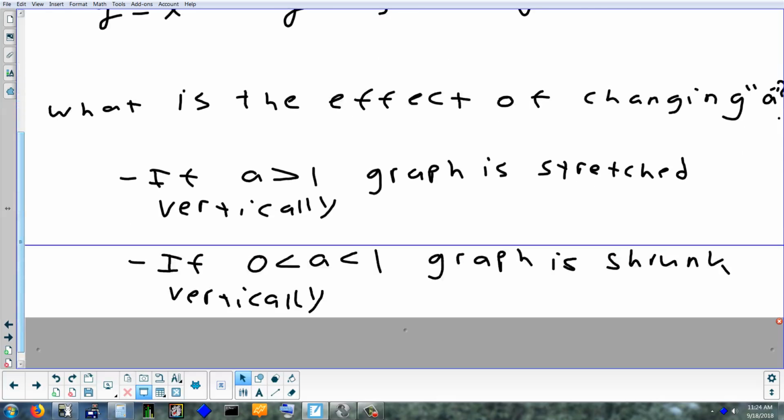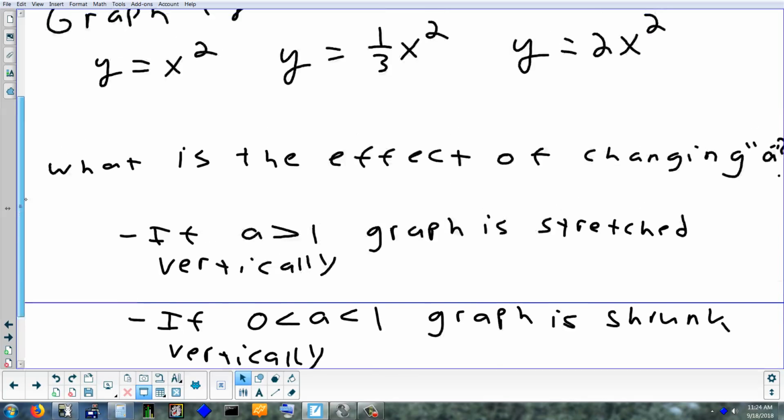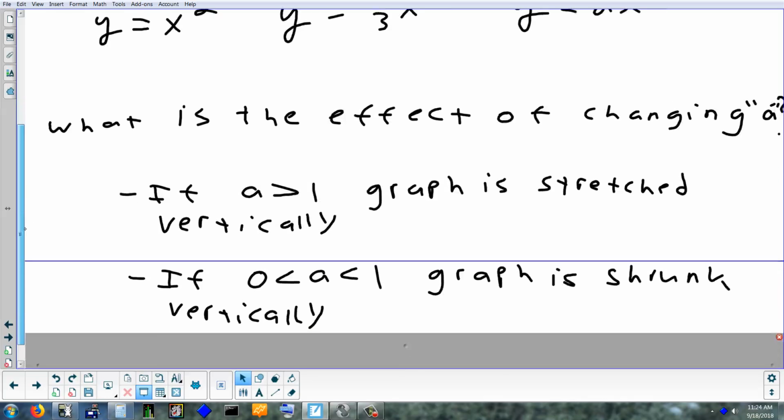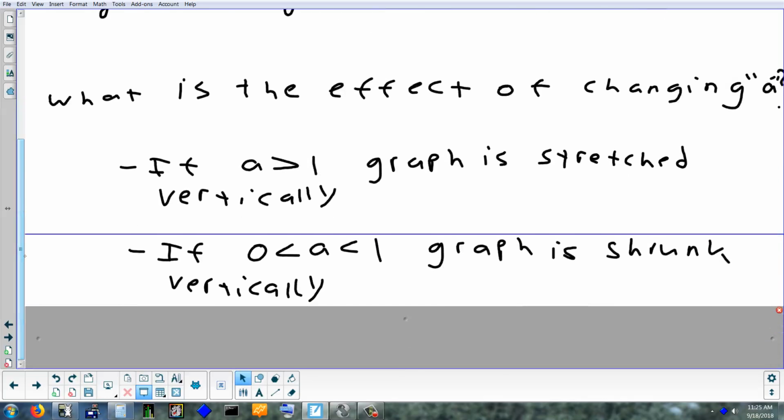If you put in a fraction, we'll just stick with positive fractions for now, a fraction between 0 and 1, like 1/3 or 1/2, it's going to cause the graph to shrink down, or you could even just say compress. So the graph is shrunk or compressed vertically.